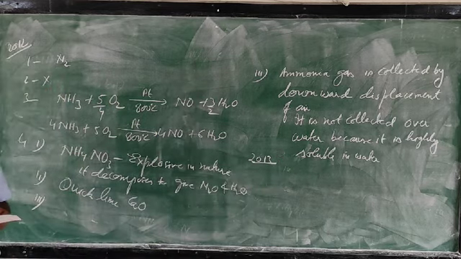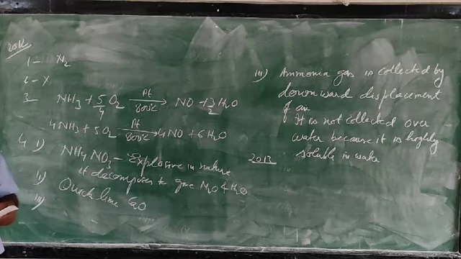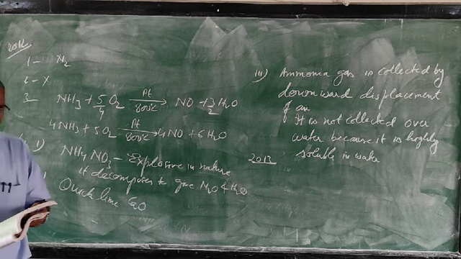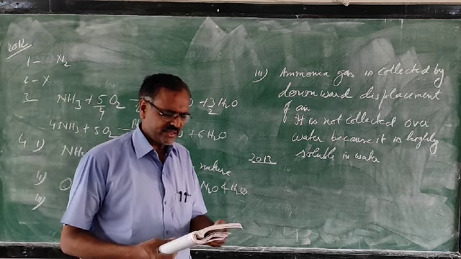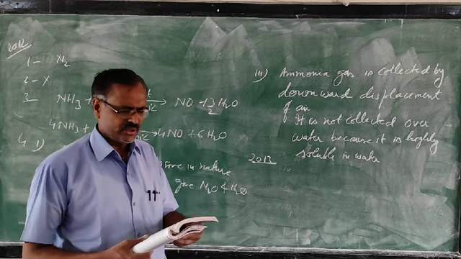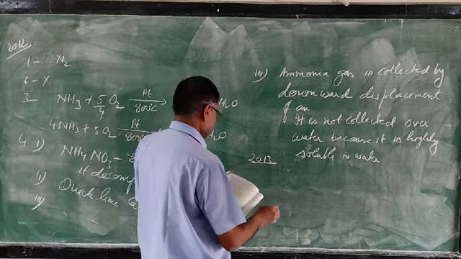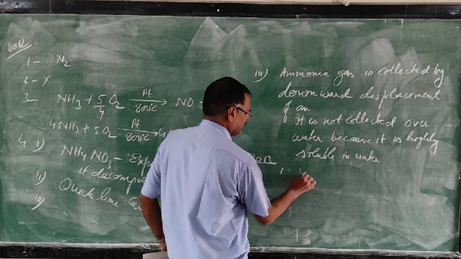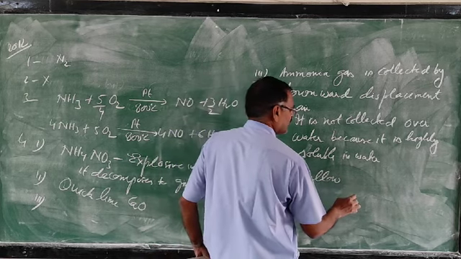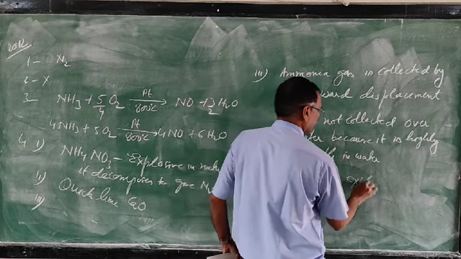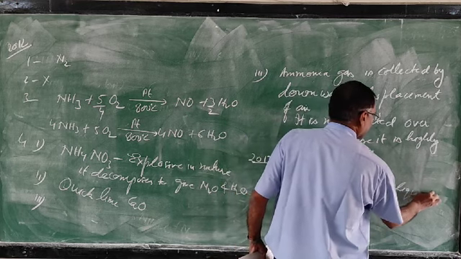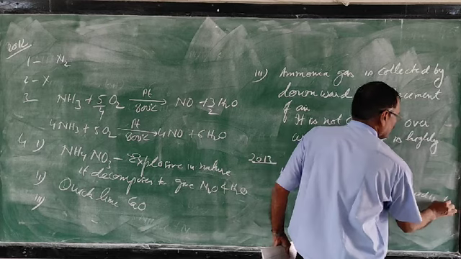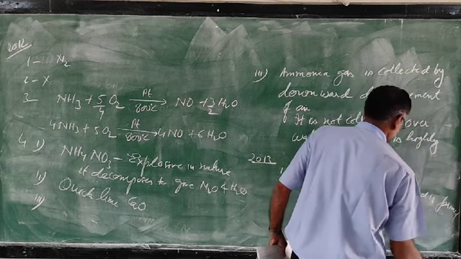So year 2013. State one appropriate observation: excess chlorine gas reacted with ammonia, a yellow colored explosive liquid is formed.